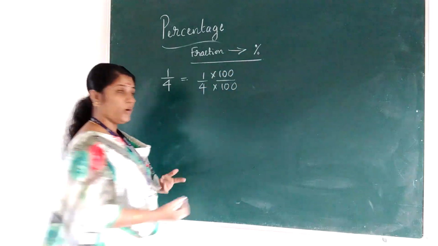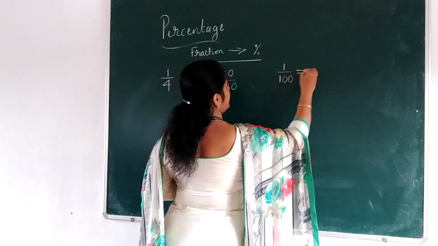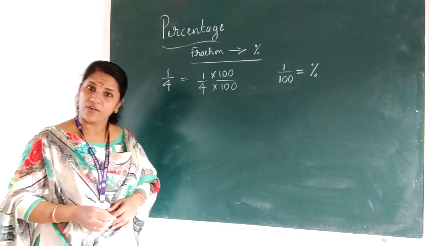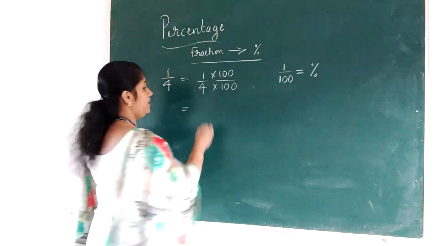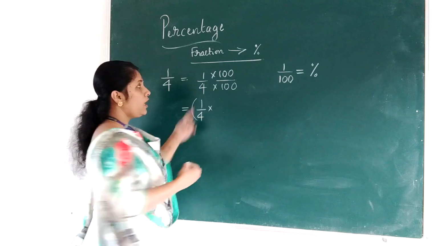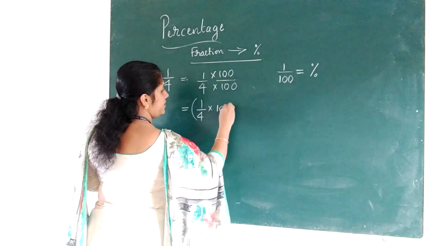And we know one thing: 1 by 100 is the percentage form, right? So from here, I am taking 1 by 4 into 100 inside the bracket.